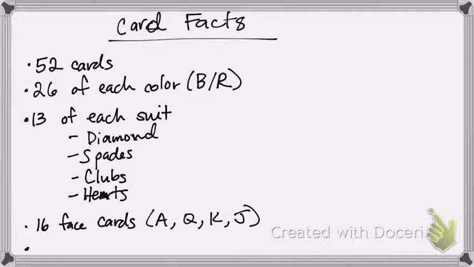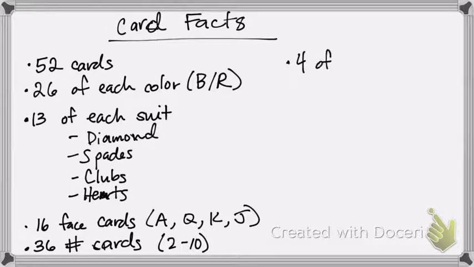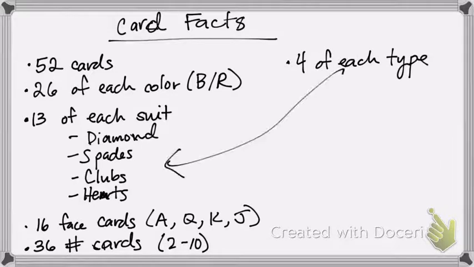And then you have 36 number cards, which are 2 through 10. And lastly, you have 4 of each type because you have 4 suits. So there would be 4 2s, 4 3s, 4 4s.